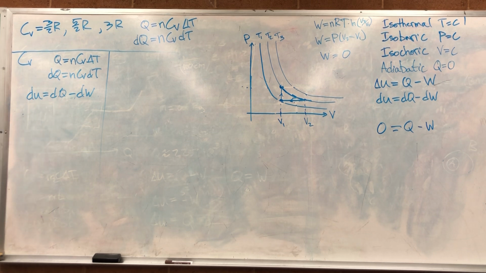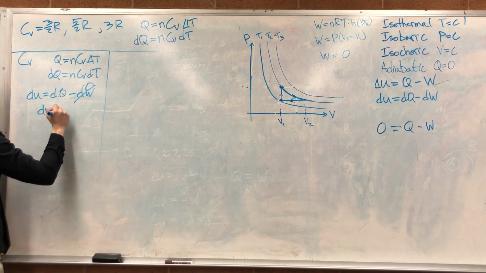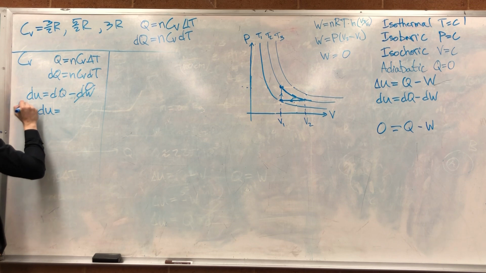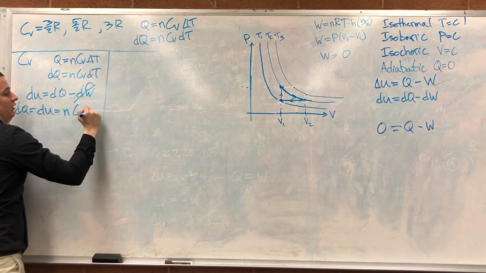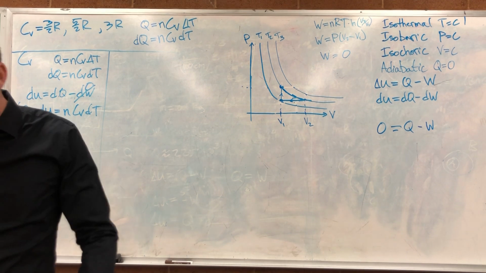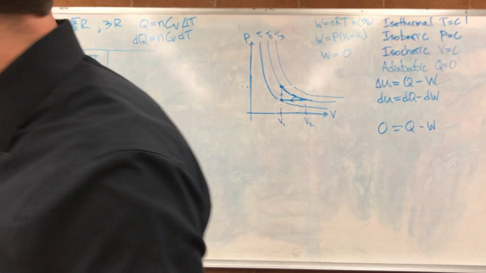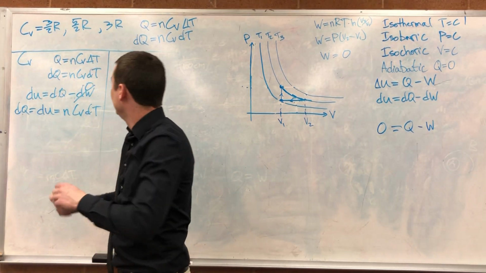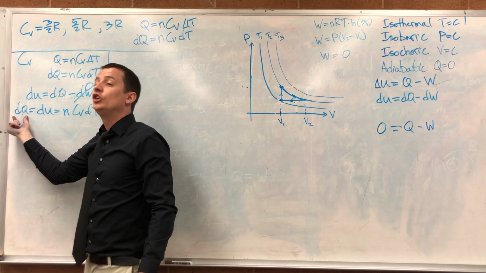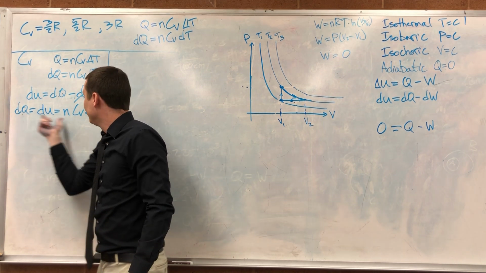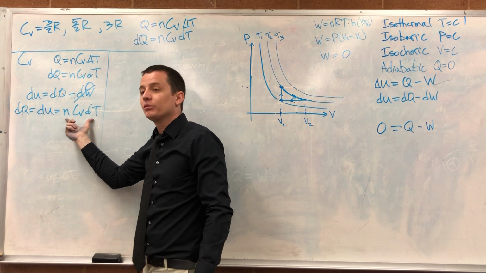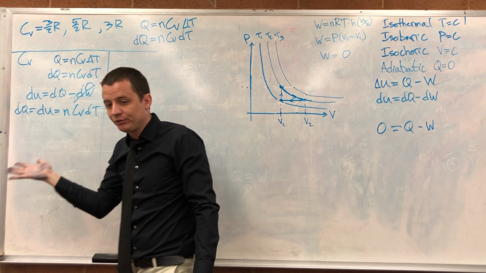So dU is dq for constant volume, because the work is zero. In constant volume world, dU is equal to dq, and it's also equal to n CV dT. So if this much heat goes into heating up a gas, then the internal energy changes by this much.